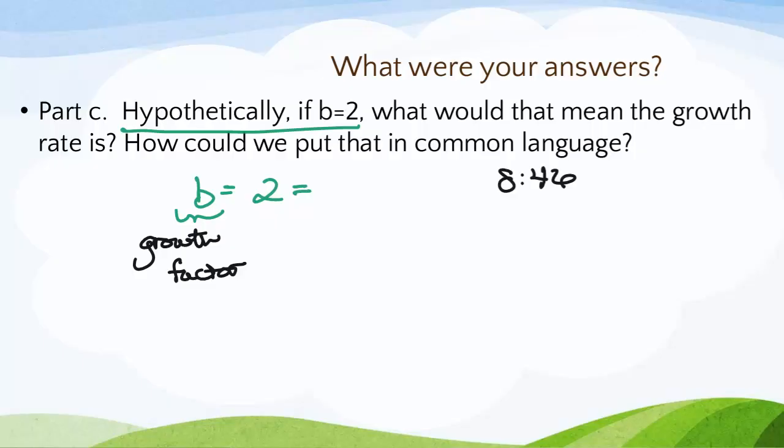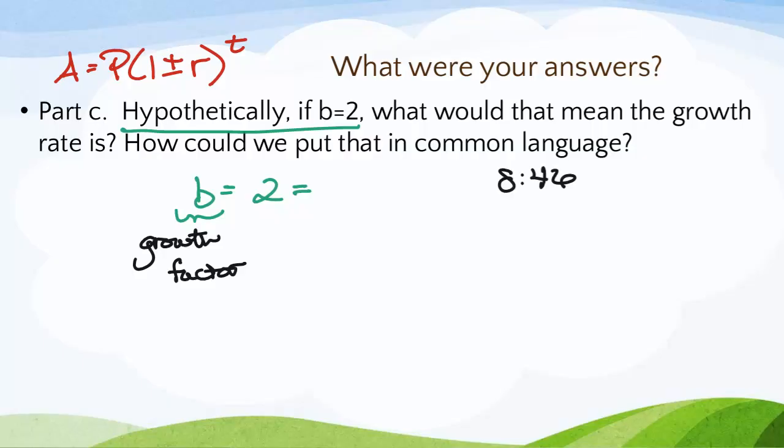Or why would we do that? Well, what is our growth rate? Or what is our growth factor when we represent it with this exponential equation? What part of that equation in the upper left-hand corner is the growth factor?